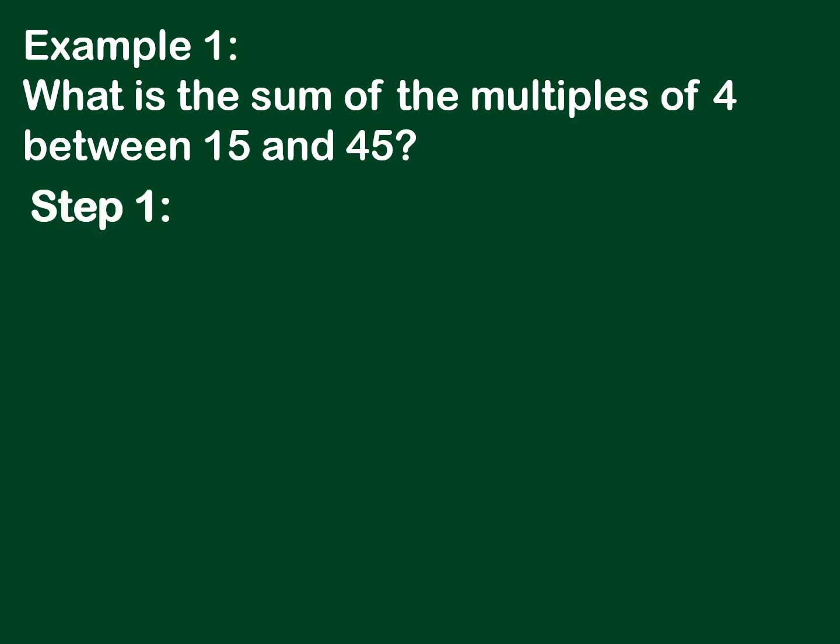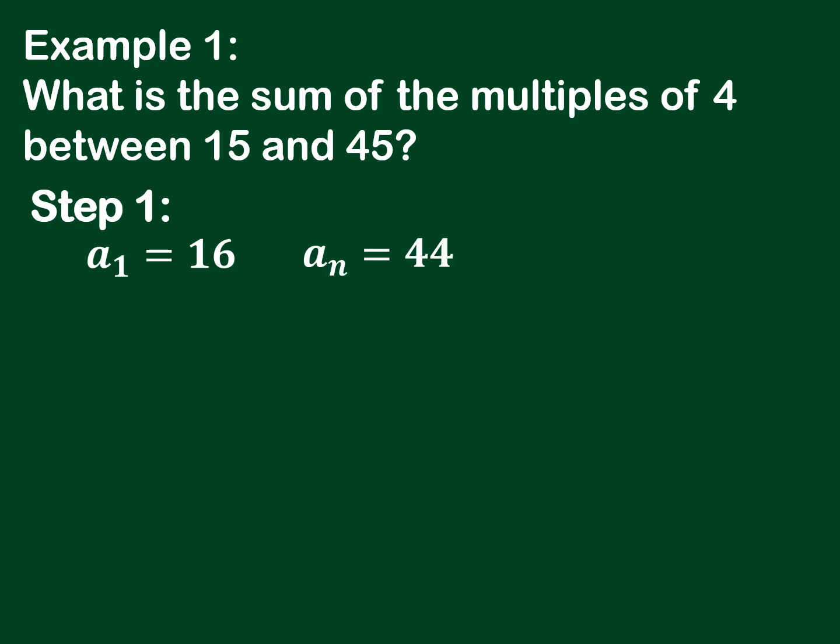So for step 1, we're going to determine the value of a sub 1, and a sub 1 is 16. Since 15 is not divisible by 4, or it is not a multiple of 4, we're going to determine a number greater than 15 which is a multiple of 4, and that is 16.